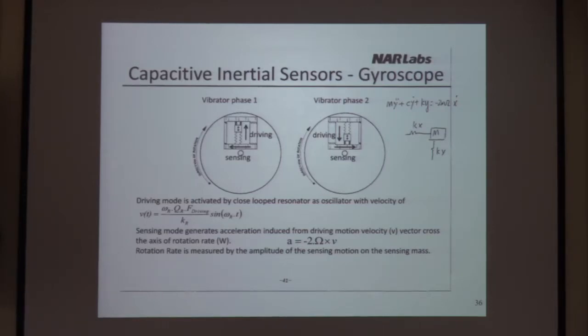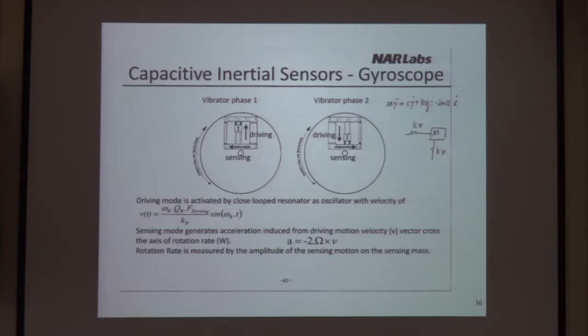While this one moves this way, we apply rotational speed to this object. My thumb direction is the direction of this angular velocity.